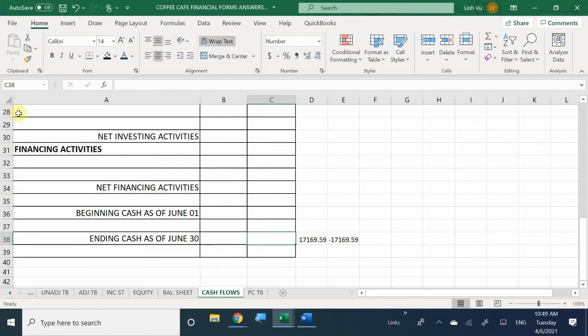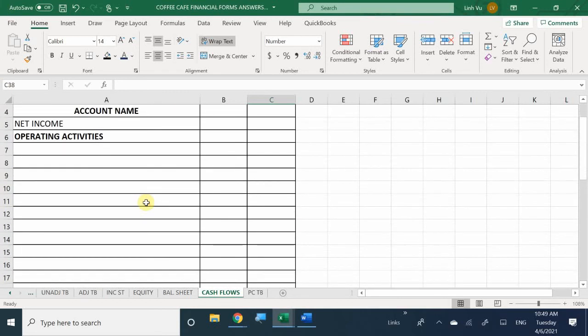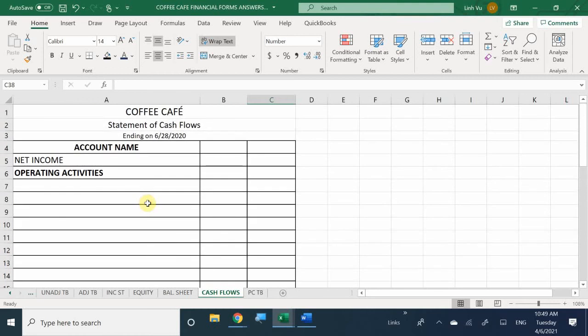Now, I've been doing this with Mr. Sanchez for so many terms now that at the end of the day, our cash flows will never, ever pan out perfectly. I don't know why, but apparently it won't let us. There's a few things that we're missing that I can't find, okay? But I'm still going to show you at least the basics.